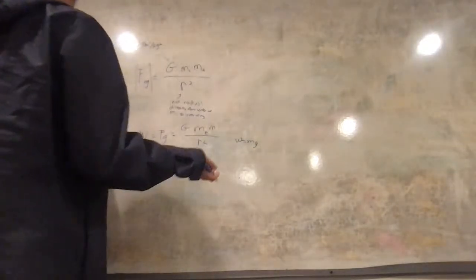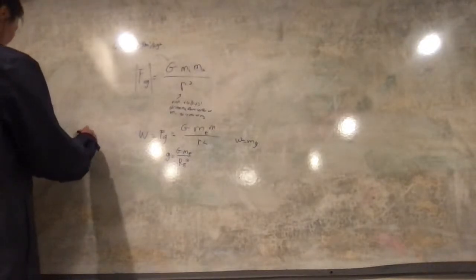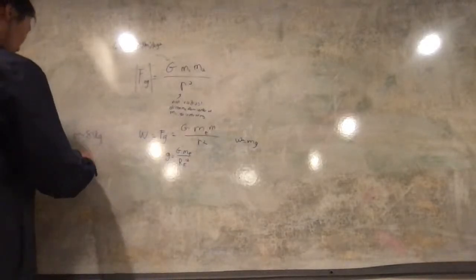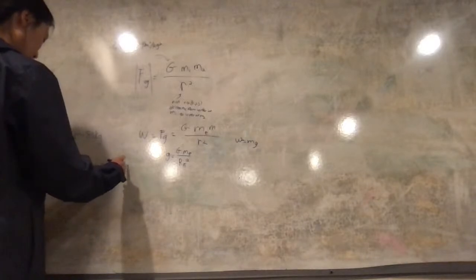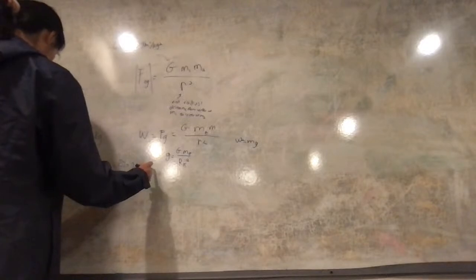So, for example, say your mass is 81 kilograms. On Earth, using weight equals mg, you do 81 kilograms times 9.8 and you'd get 794 newtons.